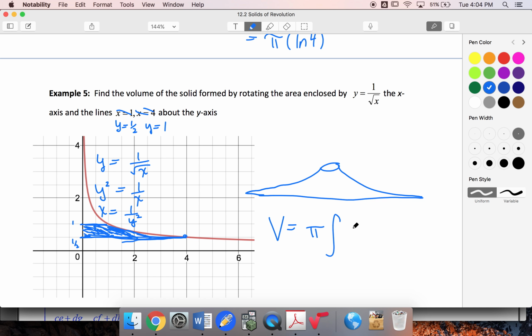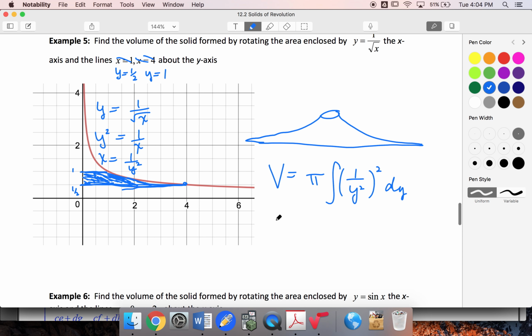So I'll have integral of 1 over y squared, squared, dy. So that's going to be the same as pi integral from a half to 1. And now I've got y to the negative 4 dy.